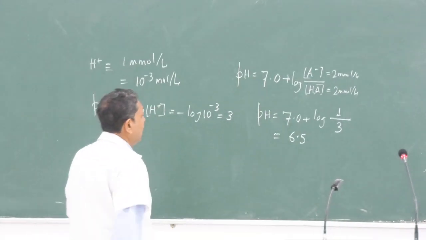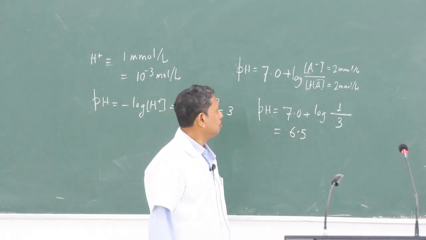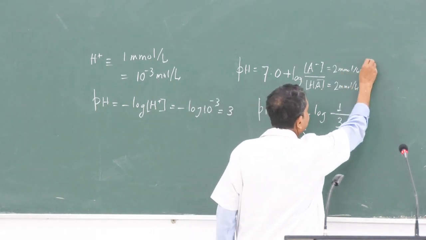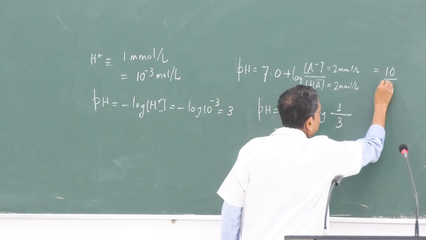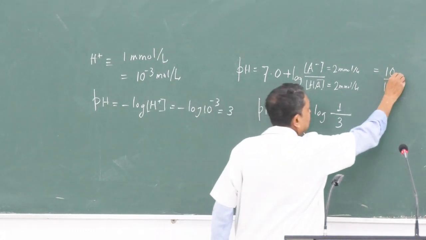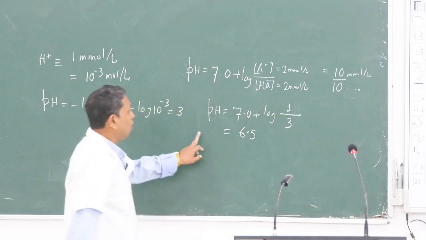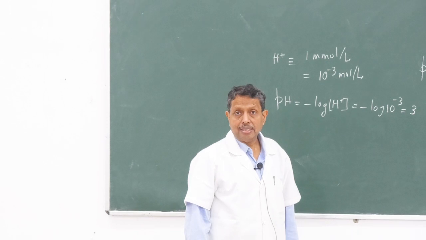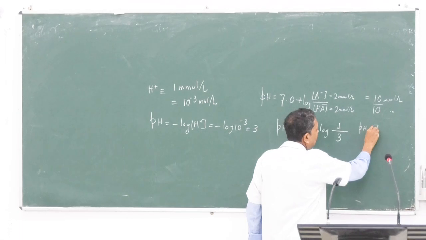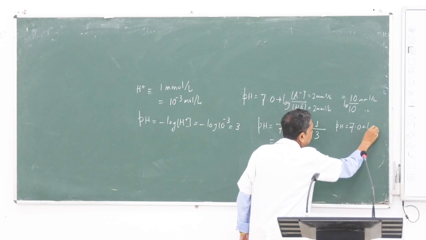And it also depends upon the concentration. Suppose you consider the case where both are 10 millimole per liter, and the pH is 7.0. If 1 millimole of acid is added, then there is a reduction of this, and the pH will become 7.0 plus log 9 by 11.